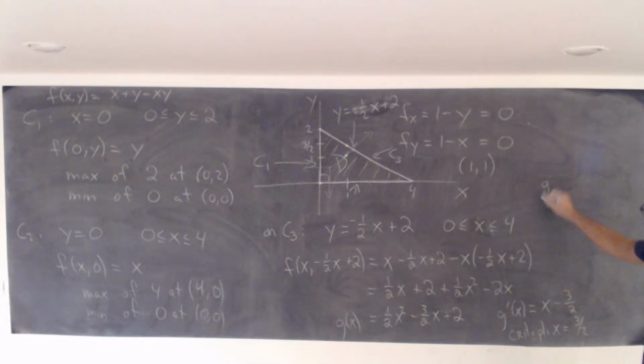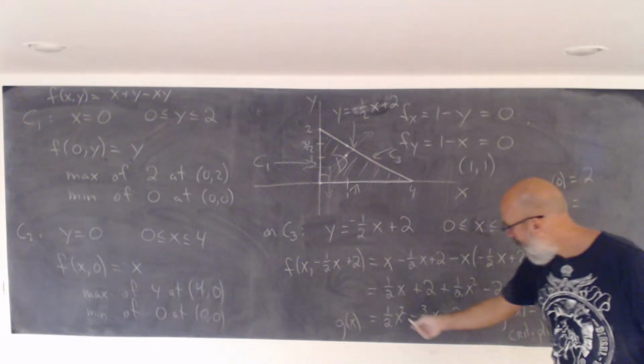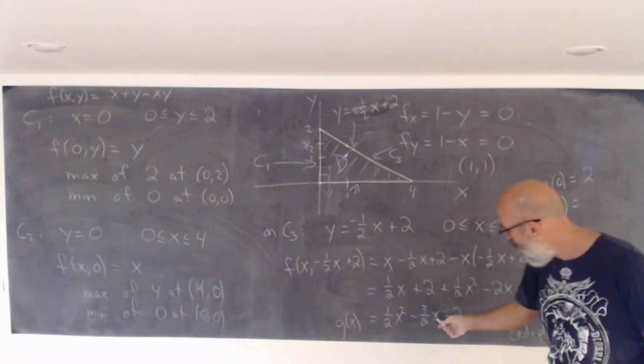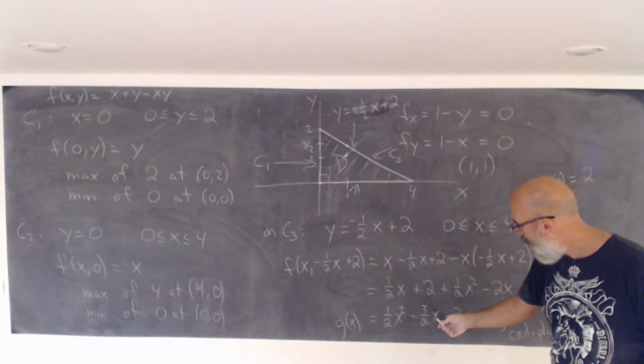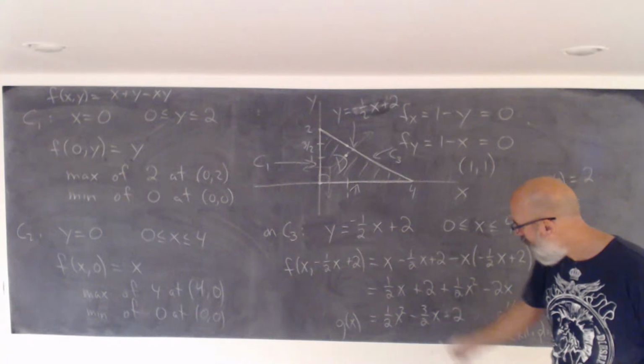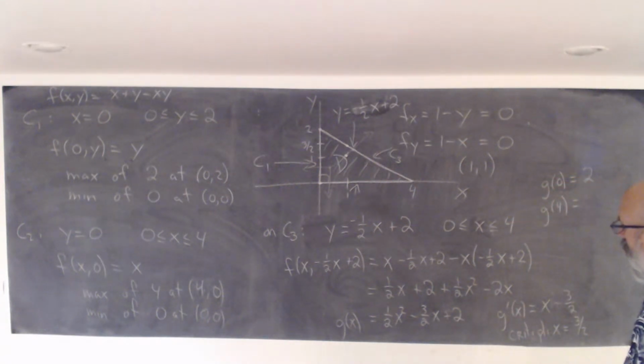So g of 0 is 2. g of 4, if x is 4, that is 8 minus 6, which is 2 plus 2.